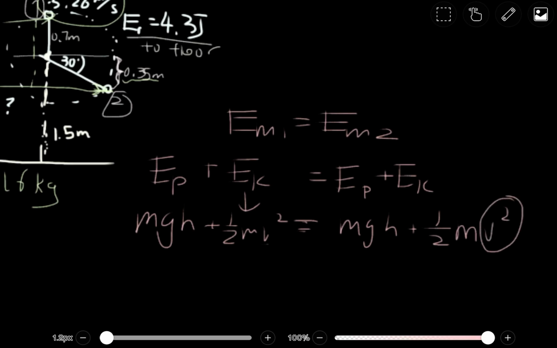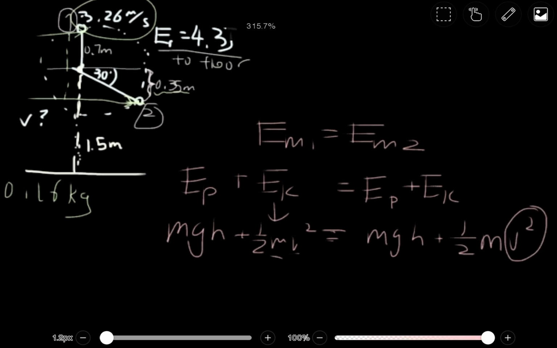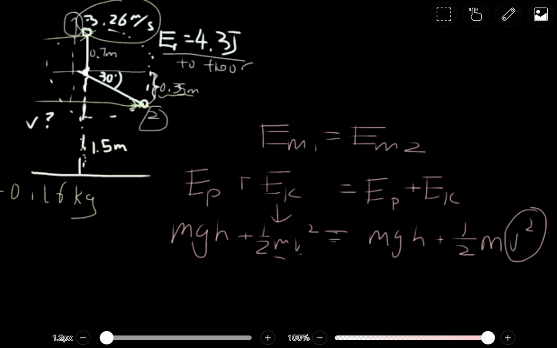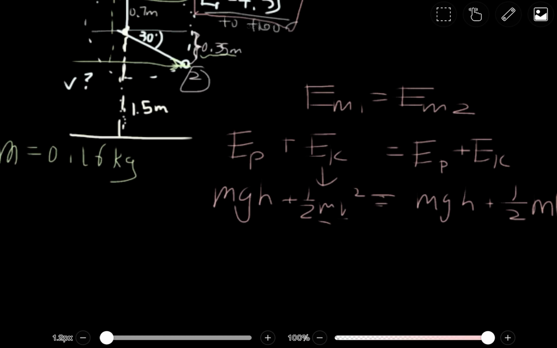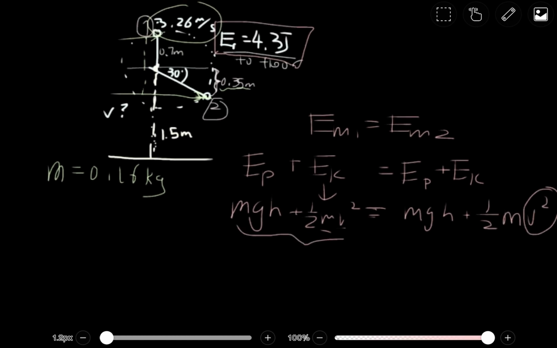You end up calculating for this, and you have all of this. Okay, the height for potential energy 1, well, actually, take a look here. We are already given the mechanical energy at the top, so we can just say this entire thing here is 4.3 joules.